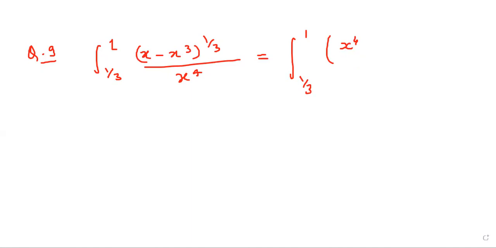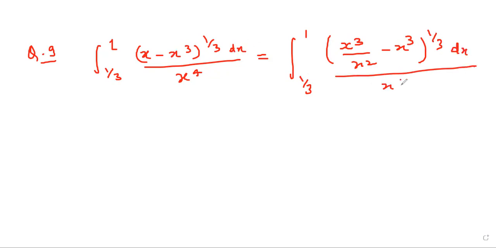No, rather it can be written as, we want to make it x cube. So we divide it by x square. So this term will become x, and minus second term is x cube, whole power 1 by 3 dx divided by x power 4. So if we take x cube outside, then it will come out with power 1 by 3. So 1 by 3 to 1, x cube common with power 1 by 3.